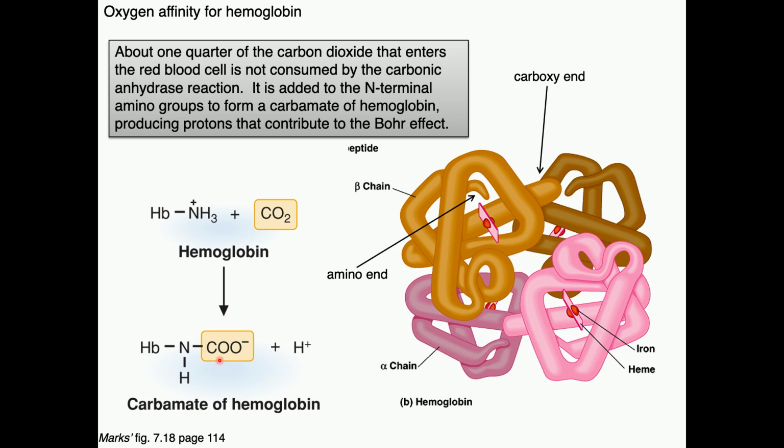And this then also has the effect of decreasing the affinity of hemoglobin for oxygen, both directly through the carbamation and then indirectly because this carbamation releases a proton and decreases the intracellular pH. So you get a direct effect through the carbamation and then an indirect effect through the Bohr effect.